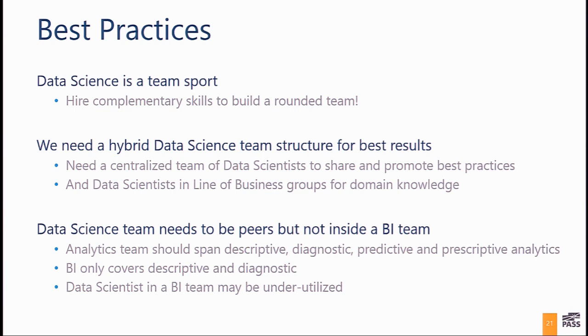You really want to have a capable team that can do everything from descriptive, diagnostic, predictive, and prescriptive analytics, right? And typically, the first 2, the descriptive and diagnostic analysis, tend to be done effectively by your BI and data warehouse teams. And then the predictive and prescriptive is done by your data scientists.